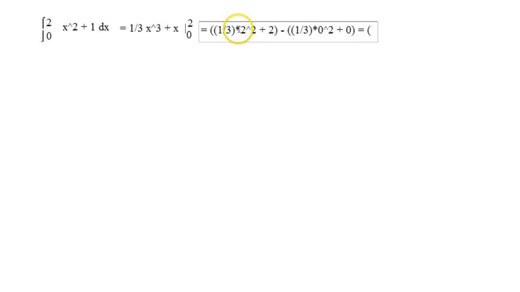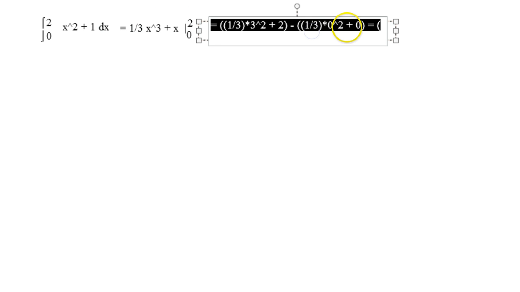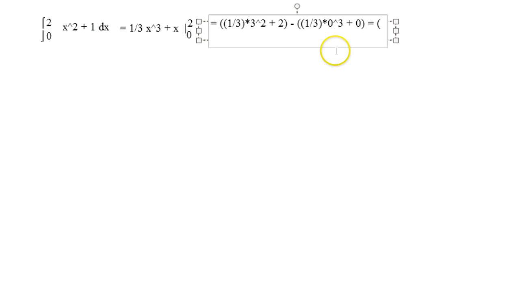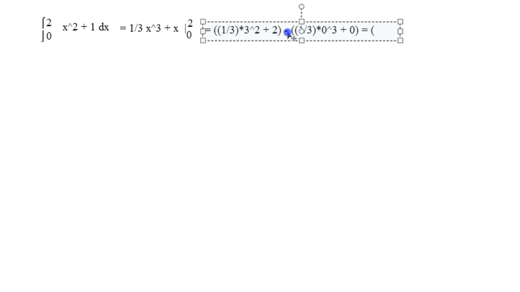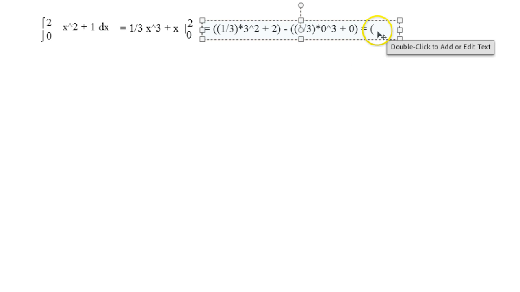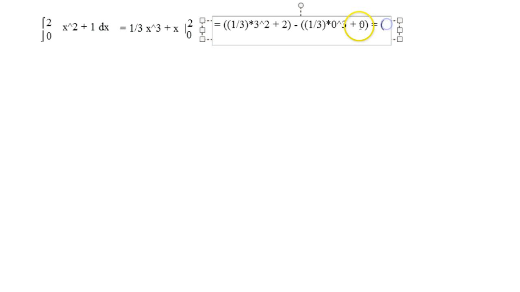But this, oh geez, what am I doing? I'm not even paying attention. This should have been a third. Whew. And this should be a third as well. To the third power is what I'm saying, not a third, actual third. Okay, and so this is just going to become, let me see, oh, this should stay 2.